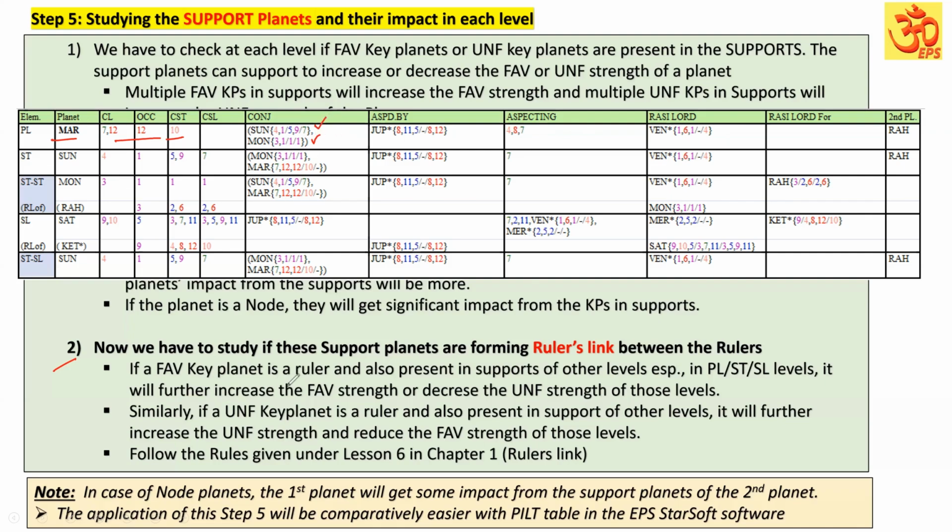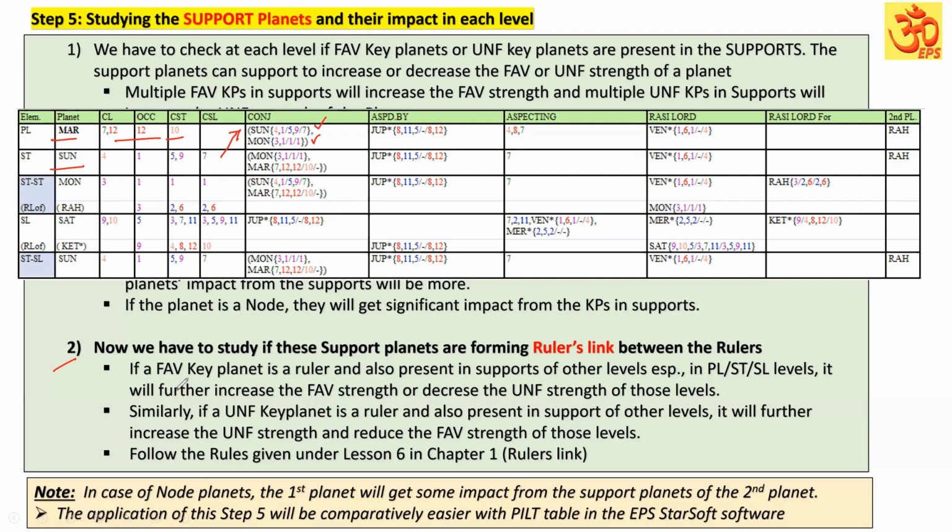So if a favorable key planet is a ruler, yes, it is a ruler. Mars is in the nakshatra of Saturn, that is the ruler of Mars, and the Sun itself is in the support of Mars. In other words, Mars is having the Sun in conjunction, and that Mars is also in the star of the Sun.